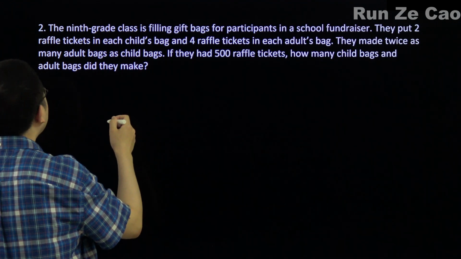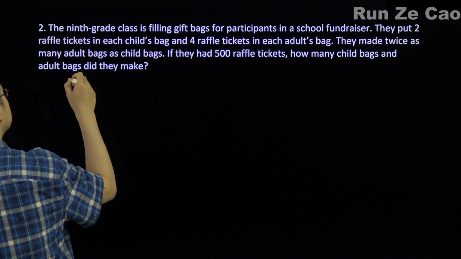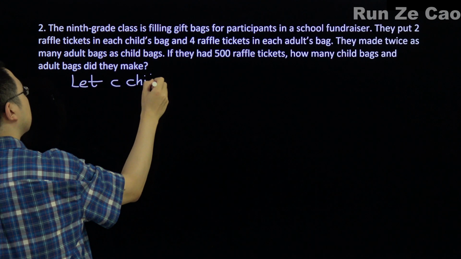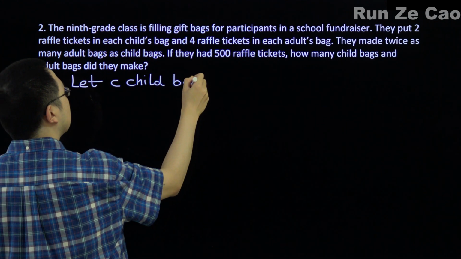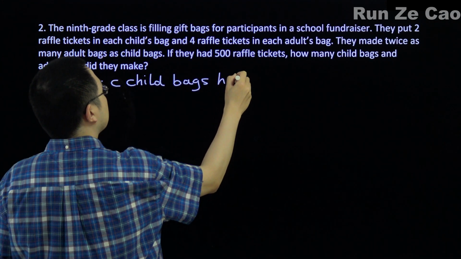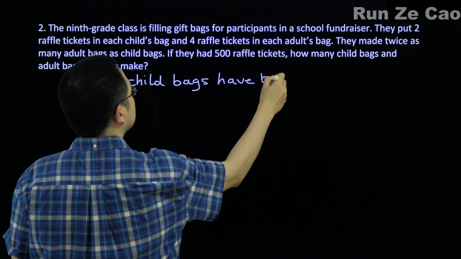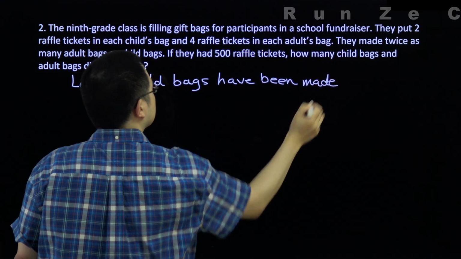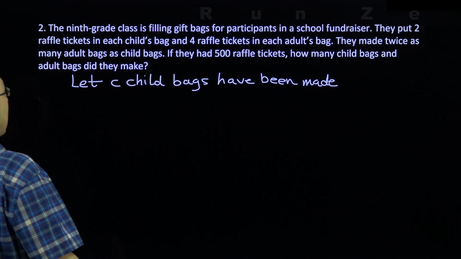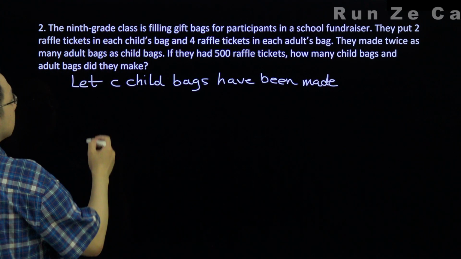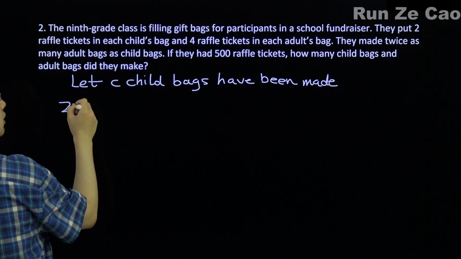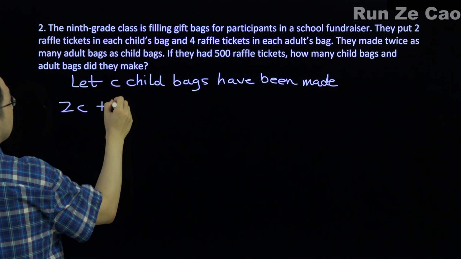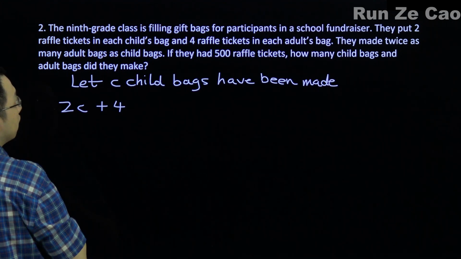How many child bags and adult bags? Okay, let's start with child bags. Let C child bags have been made. Okay, 2 raffle tickets for each child bag, plus 4 raffle tickets for each adult bag.